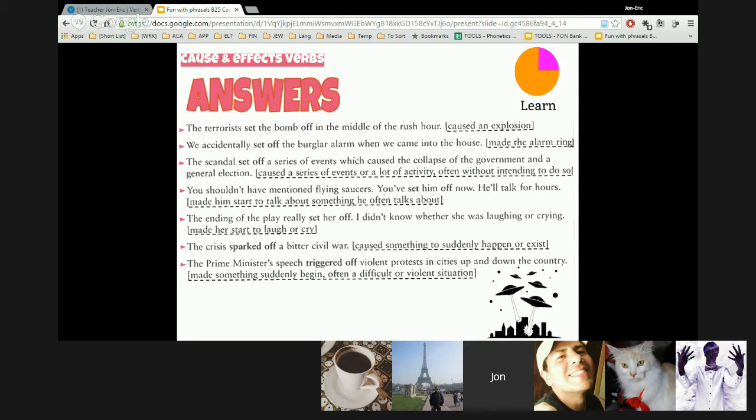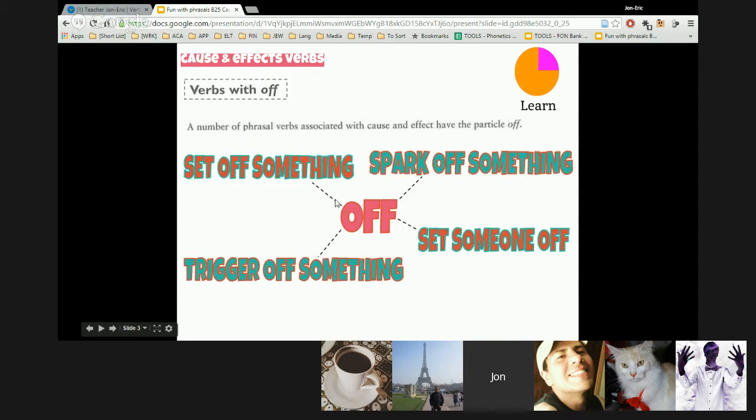Basically, if it's something physical, set off or trigger. If it's more metaphorical, but you want to show there's a direct result, trigger off. I'm not saying that violent protests aren't physical things. They do happen with people in a place, but it's not the same. The metaphor is that it's like a bomb. So let that sink in for a while, and basically, that is the off pattern that you need to know.